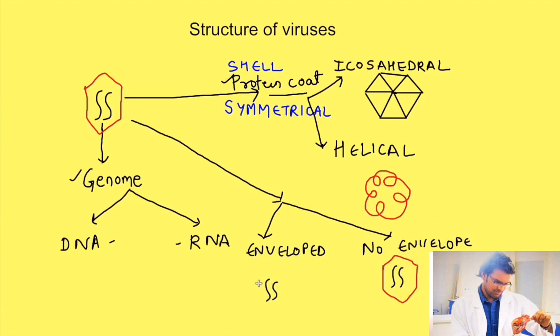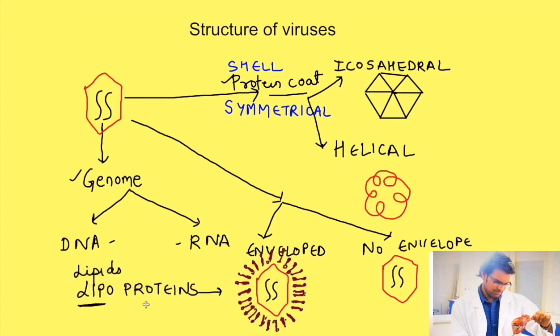In enveloped viruses, the envelope is made up of lipoproteins, that is lipid and proteins. The lipids are derived from the host cell membrane, acquired while the viruses are leaving the cell, while the proteins are synthesized by the viral genome using the host machinery. So this is the basic structure of viruses.